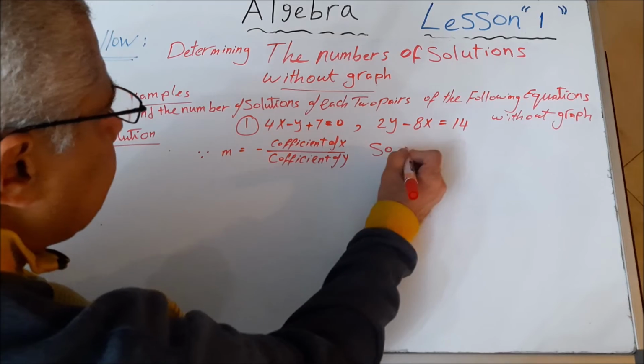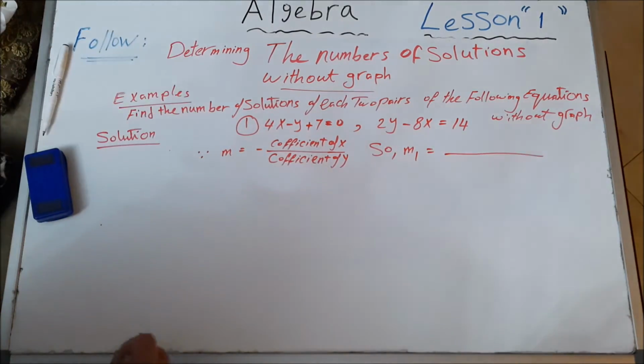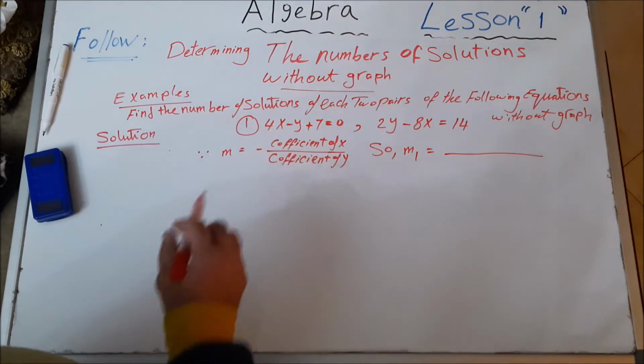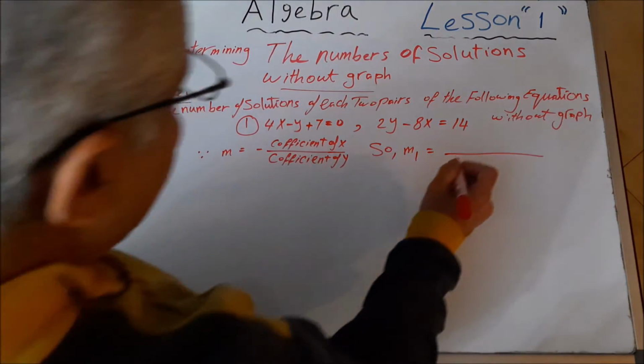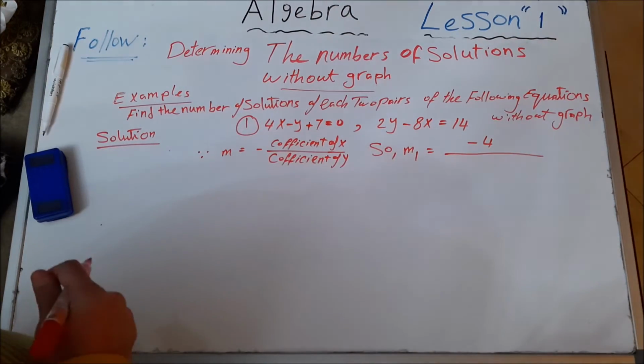so m1 equal, for the equation 1 the coefficient of x equal 4, so equal minus 4 divided by a coefficient of y.